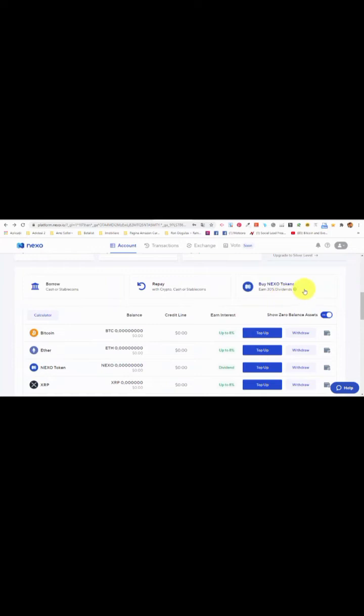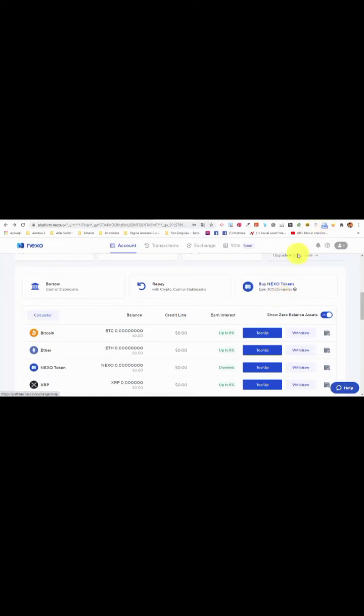Pretty simple. And another good part about Nexo, you can earn 30% dividends from Nexo, which is again great. Because if you buy the Nexo tokens, you basically buy a stake in the company.